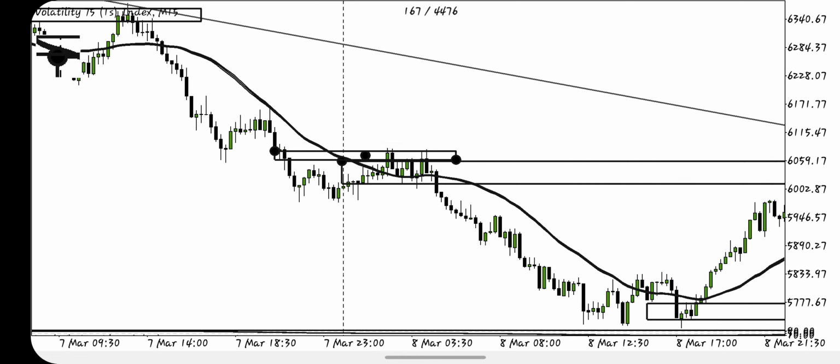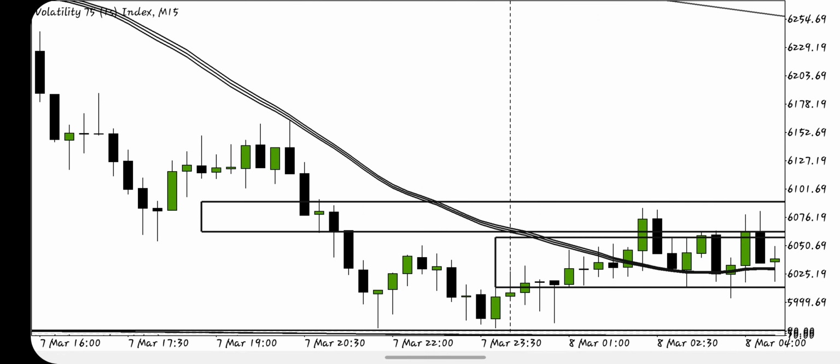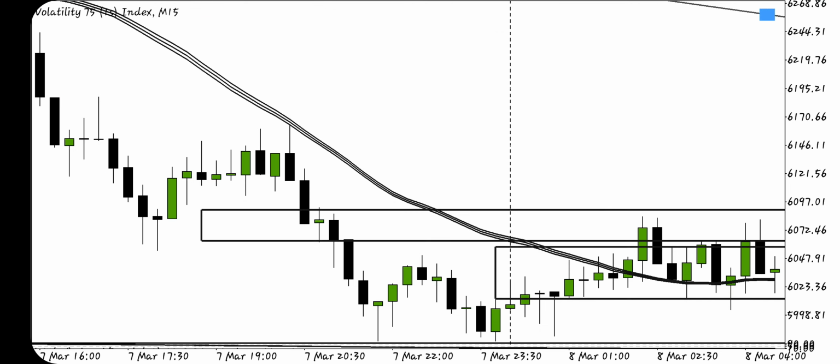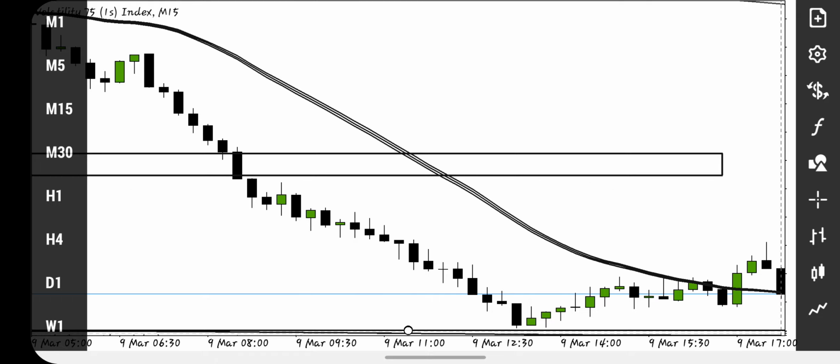As you can see, the continuation order blocks, the supply and demand areas, as we all know, are being mitigated. This one is the last bearish candle before this low was broken here. So there was a break of market structure. We see which candle was responsible for that, and we target that area.